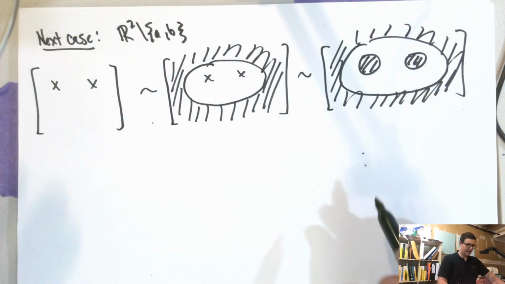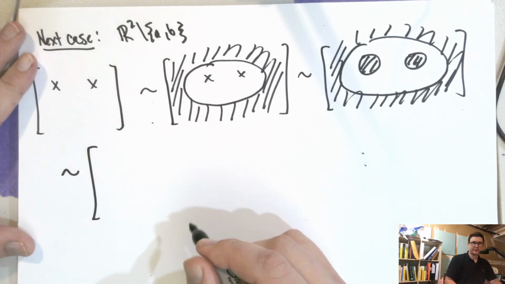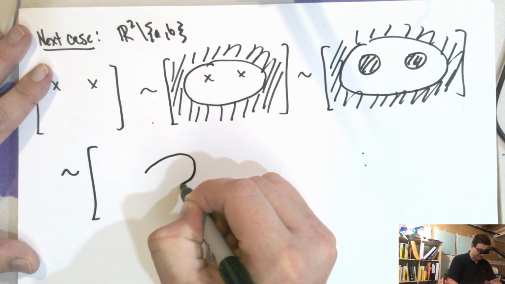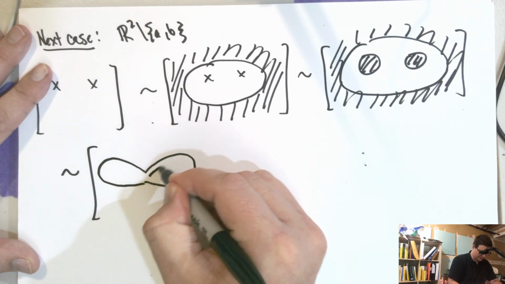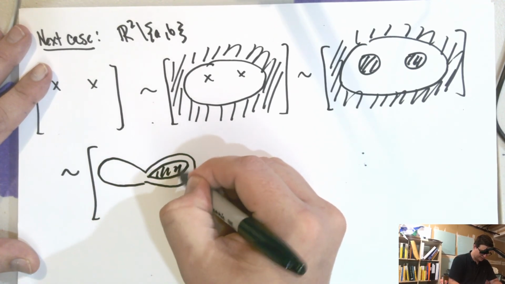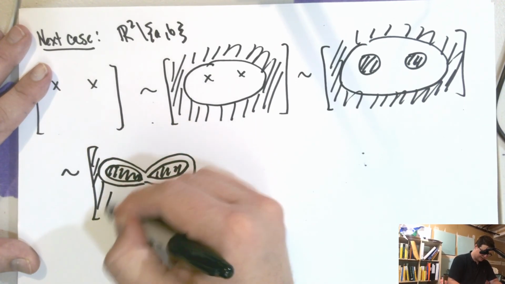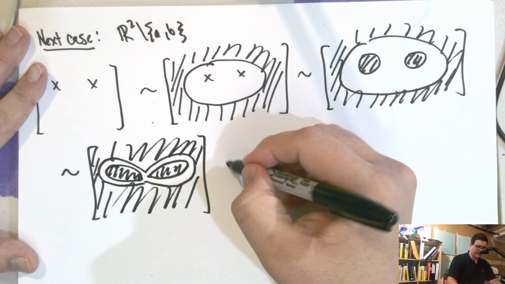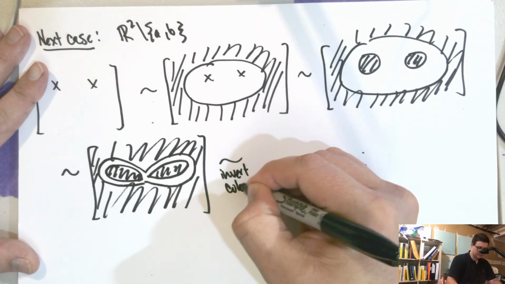Okay, and now this thing is kind of like an infinity sign, right? Okay, I'm going to try and do it like this. All right. Okay, and then I'm going to invert colors now, right?